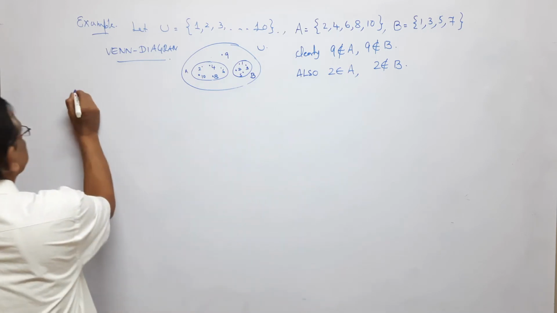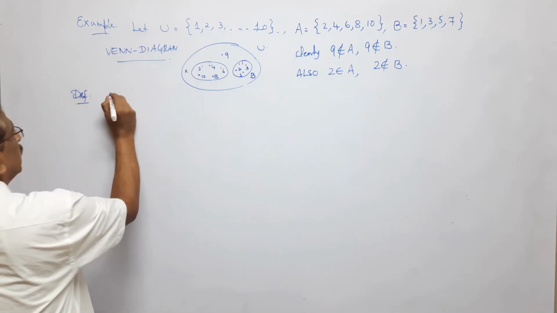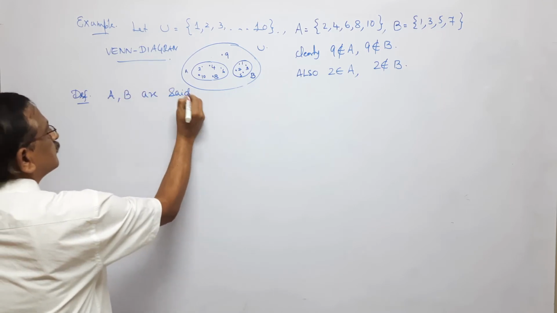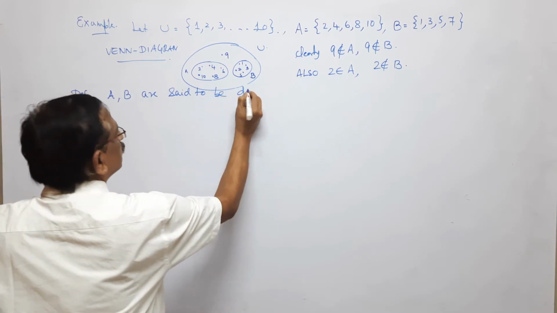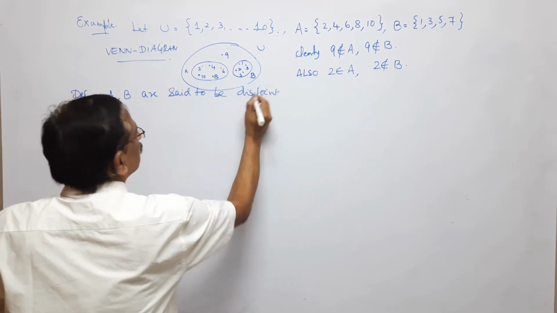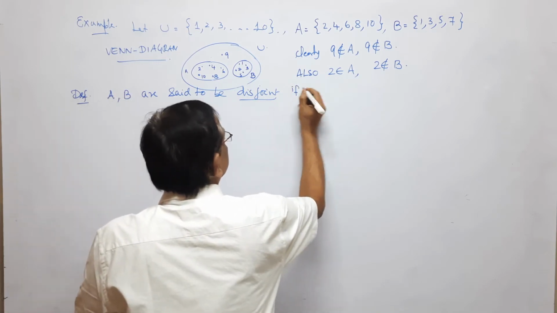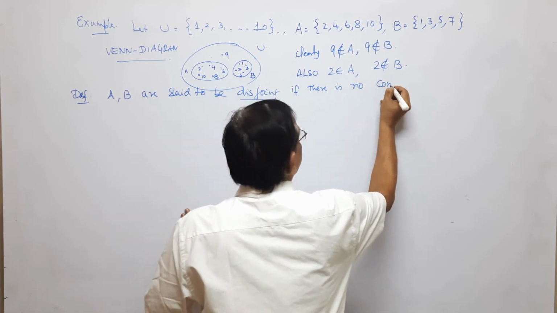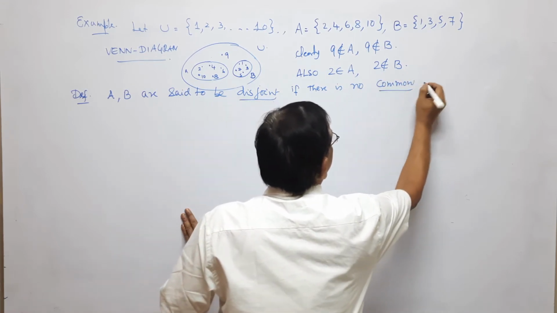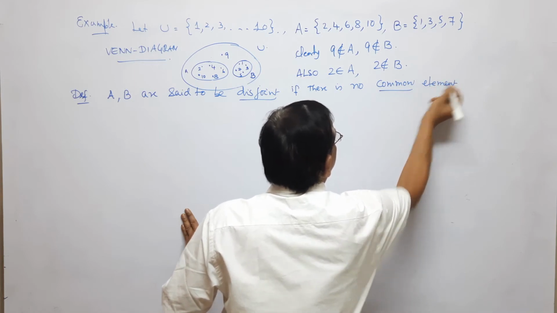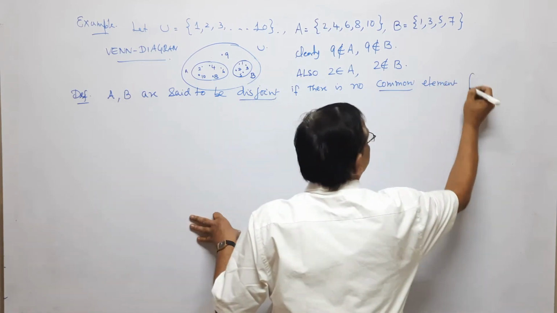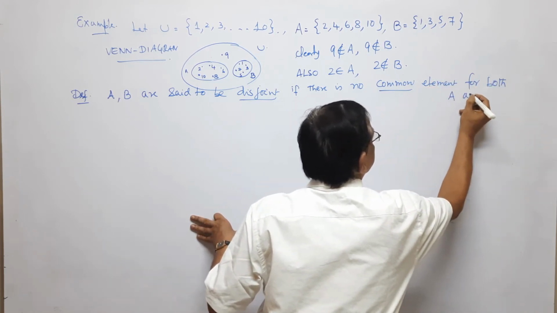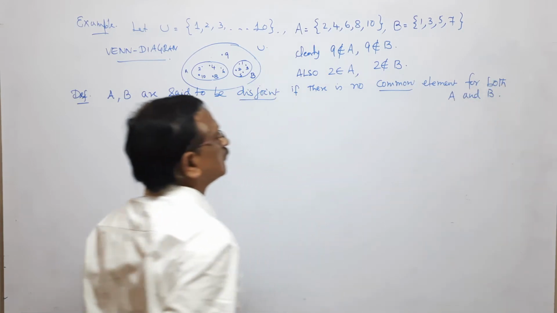So I'll write down a definition. A and B are said to be disjoint if there is no common element for both A and B. There should be no common element.